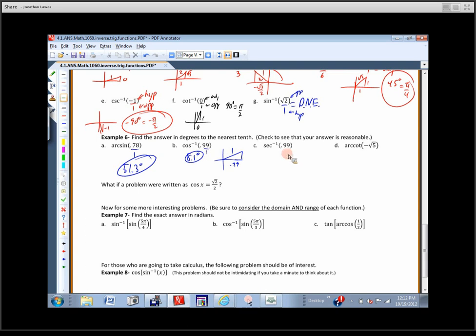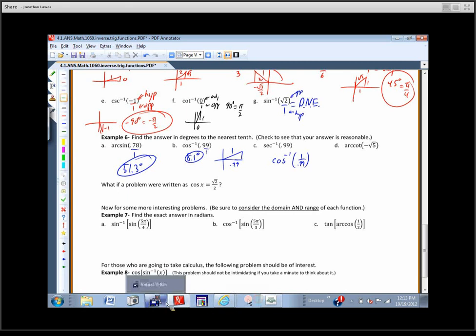Okay, can you do this one? See some shaking heads? Let's take a look. To do this on the calculator, you'd need to do a cosine inverse of, what do we do with the 0.99? We do 1 over that, 1 over 0.99. I saw some people saying yeah, we can handle this one, and then I saw some other people saying nope, can't do this one.